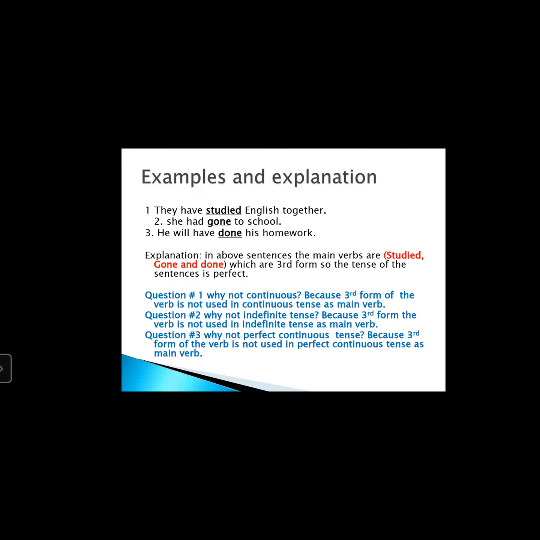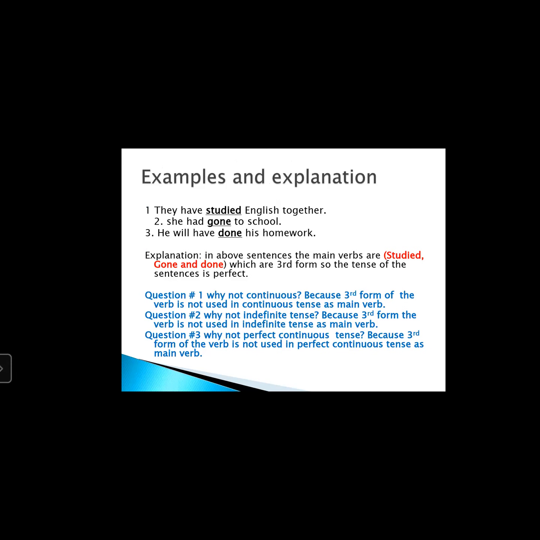For example, "They have studied English together." So here there is studied. When there is a third form, it's perfect tense. "She had gone to school." Here the third form gone is there, so it's perfect tense. "He will have done his homework." So done, the third form, is there. It's perfect tense.